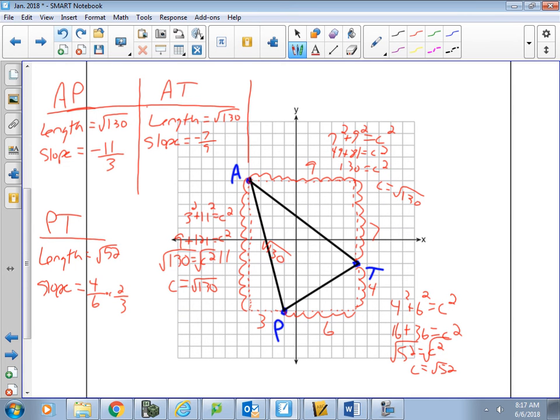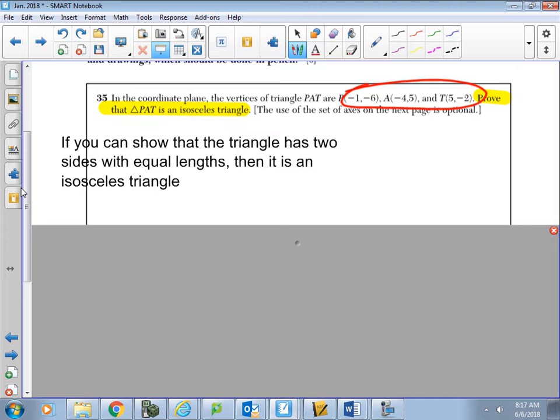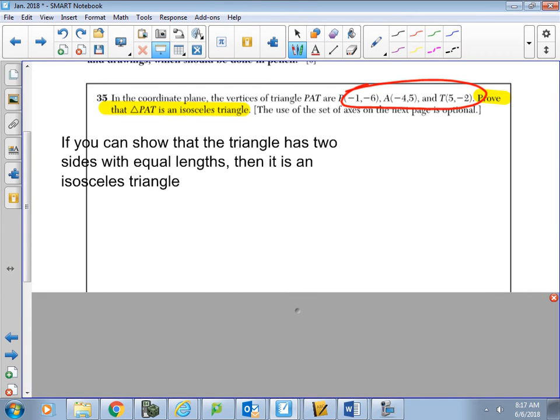Now let's go back and write down something. We don't have to write much here. You could just say AP is equal to radical 130, and AT is equal to radical 130, and PT is equal to radical 52.